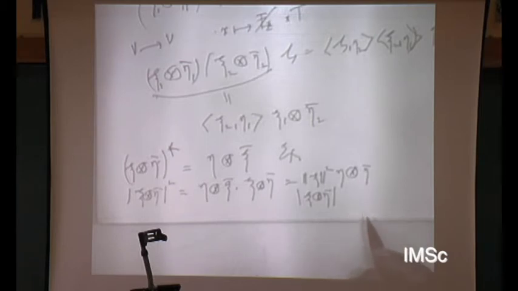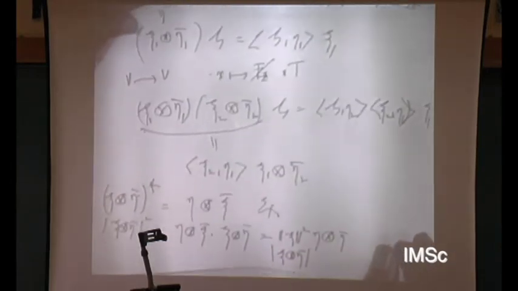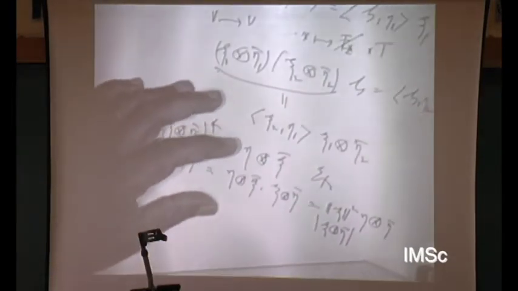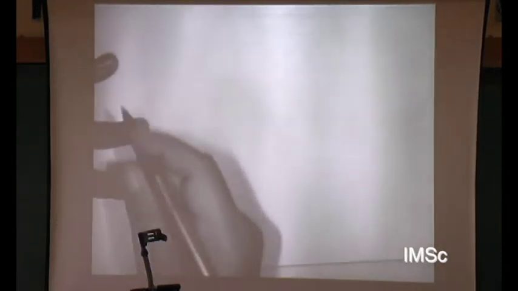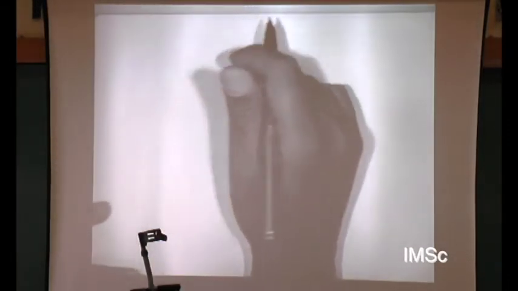It is just the projection onto the one-dimensional space spanned by eta. Anyway, what is eta tensor eta bar squared?